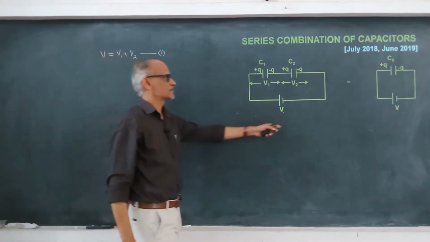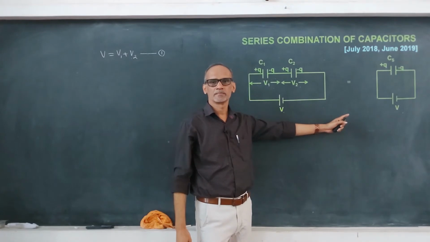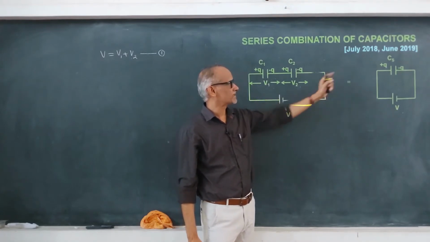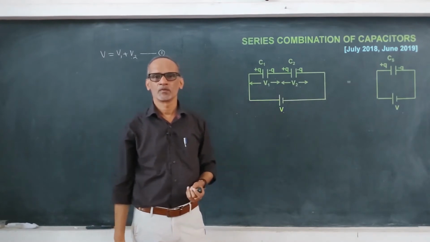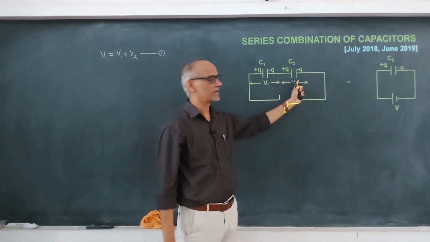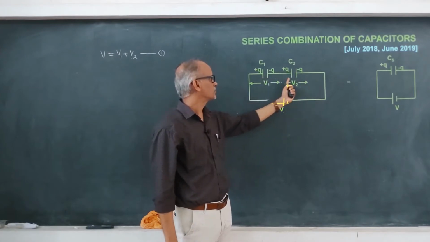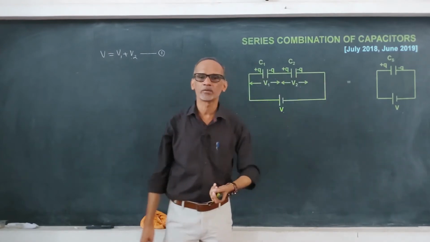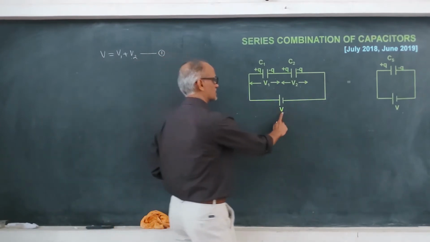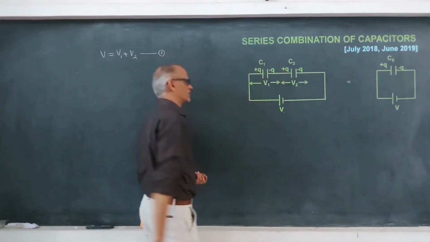Now what is this? This is the equivalent capacitance, and in the case of equivalent capacitance, the capacitance is CS. What about the charge? The charge is the same. It's not that these two charges will get added up. No. The charge on the individual capacitor and the charge on the equivalent is also the same, plus Q minus Q. It's equivalent, right?